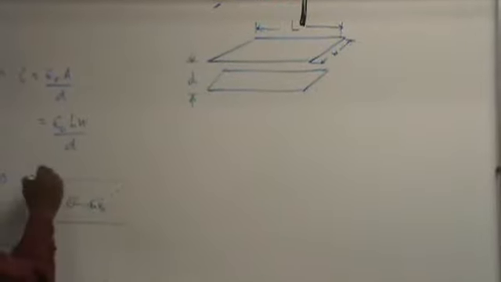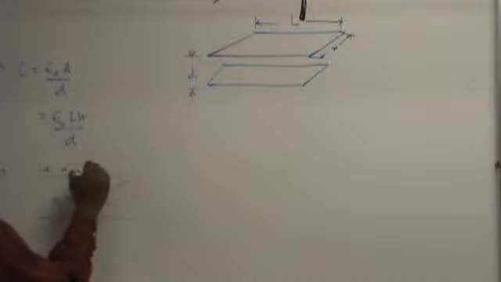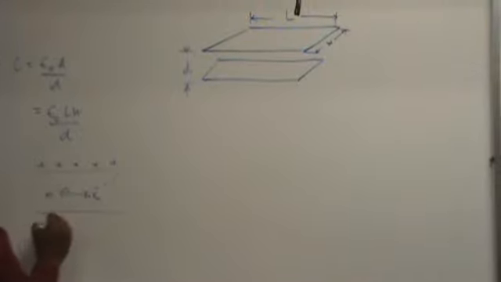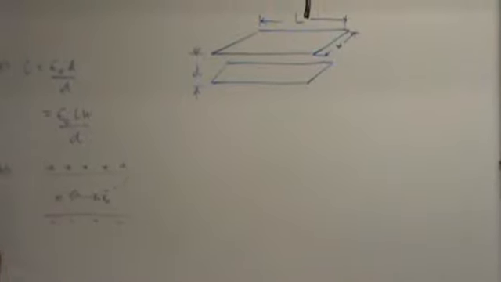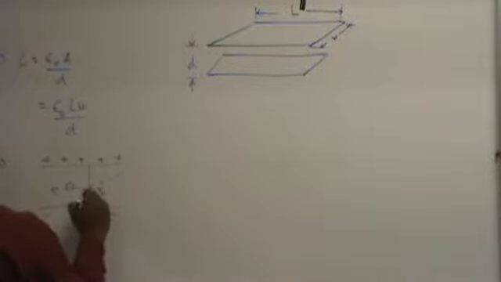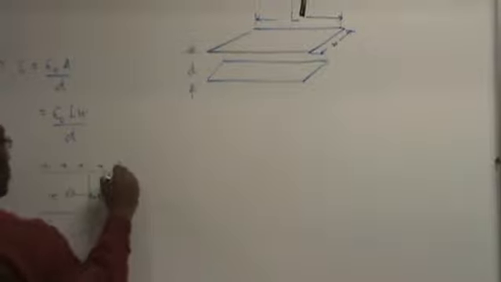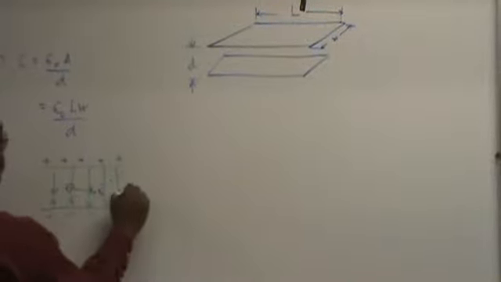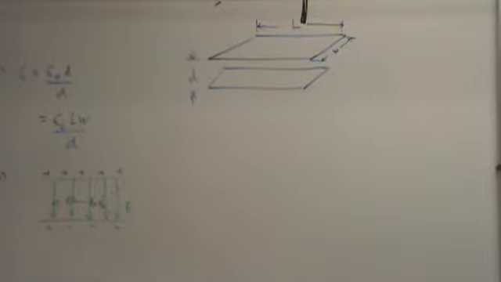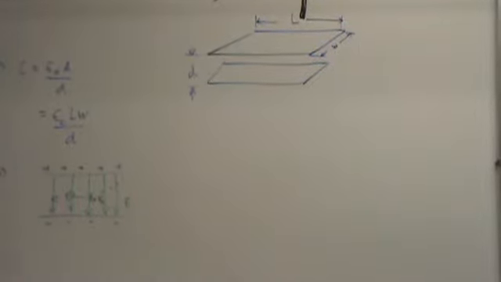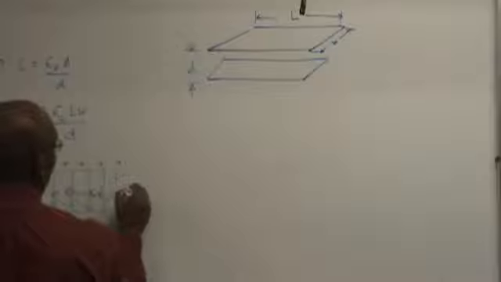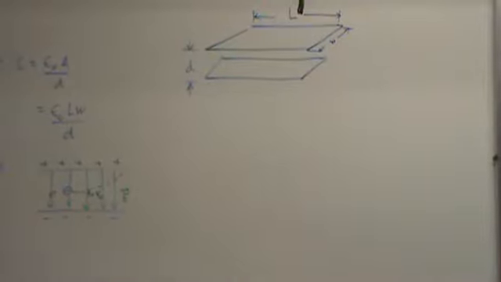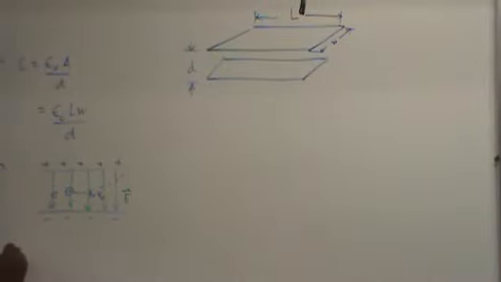That means this plate has to be positive. Negative. So the electric field. That's part B.